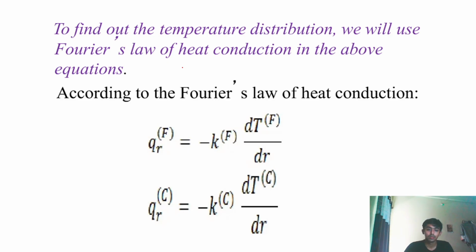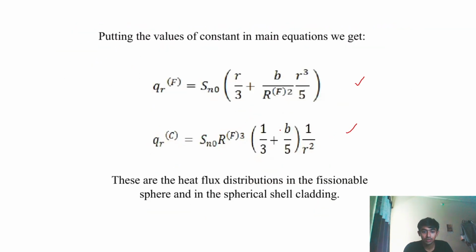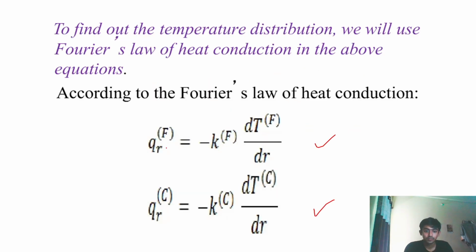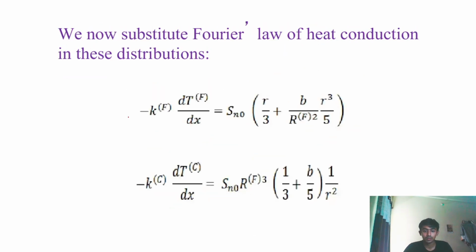For this, we will put in both the fusionable material and the cladding material. So if we put in this equation the Q values of Qf and Qc, we will get this equation.